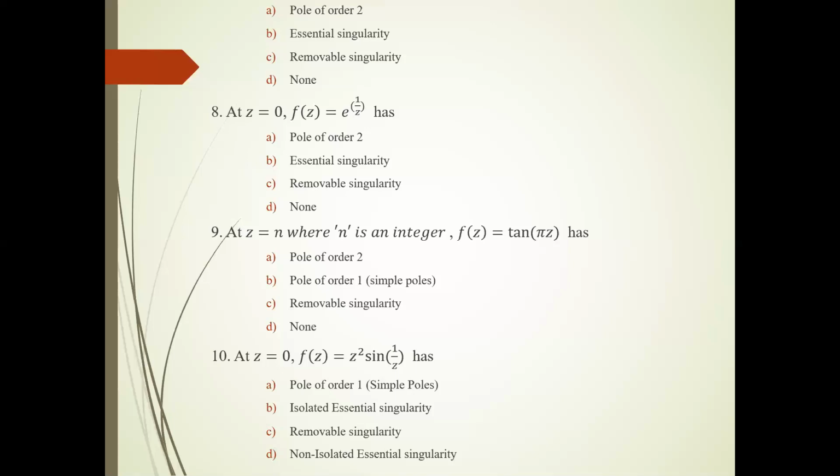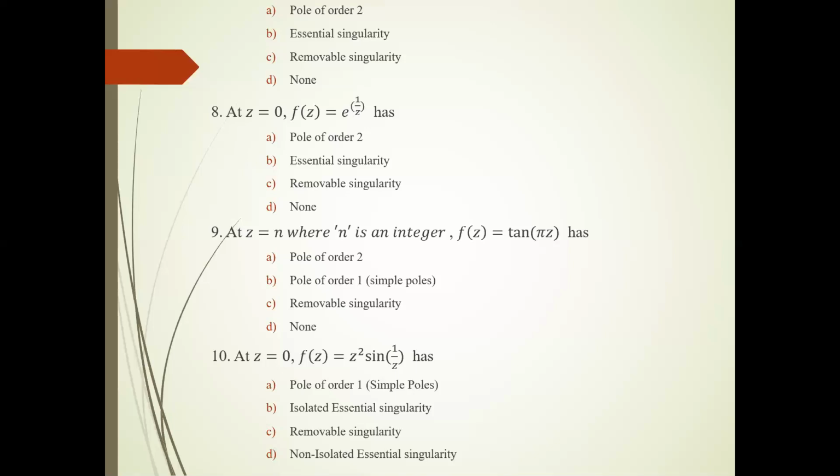If we put n in place of z, we get sin n pi upon cos n pi. Sin n pi is always 0, so 0 upon cos n pi. Because n is an integer, cos n pi is either 1 or minus 1. So 0 upon 1 is 0, and 0 upon minus 1 is again 0. So the limit exists finitely. So at z is equal to n, f(z) is equal to tan pi z has a removable singularity.